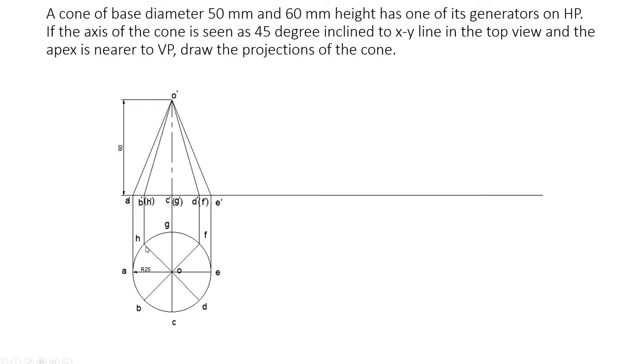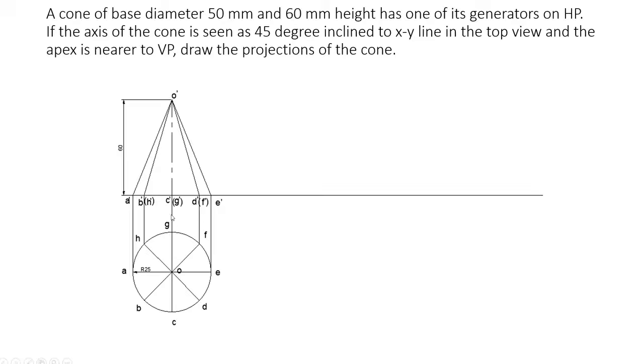First we can see B and then H, so H is invisible, so H will be inside a bracket. While naming, this point is B dash and H dash; similarly this point will be C dash and G dash, where G dash is inside a bracket because it is invisible. Similarly D dash and F dash, where F dash is invisible. So we can name all 8 points on this line like this.